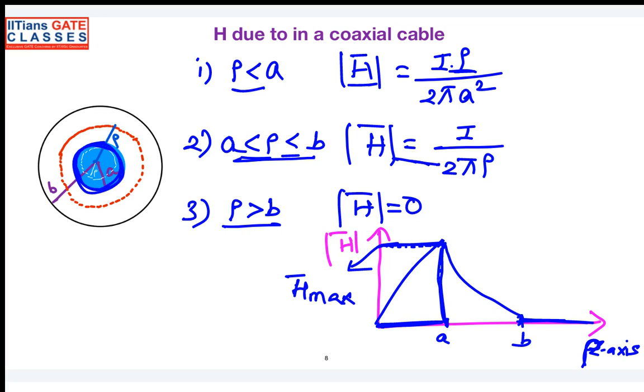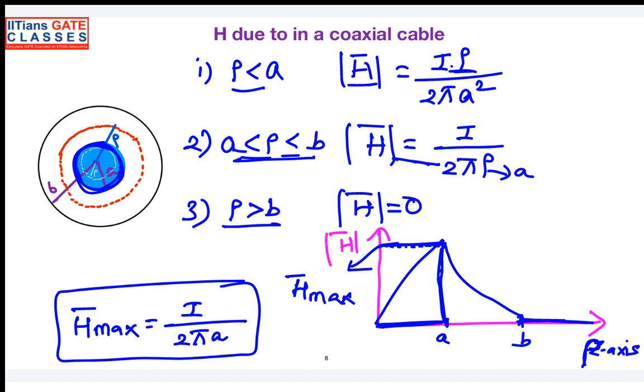If you replace rho with A here, the maximum magnetic field occurs on the surface of the inner conductor. So when rho is equal to A, that is equal to I by 2 pi A. This lies on the surface of the inner conductor. Clear for everyone? Any questions you can discuss before going to problems?